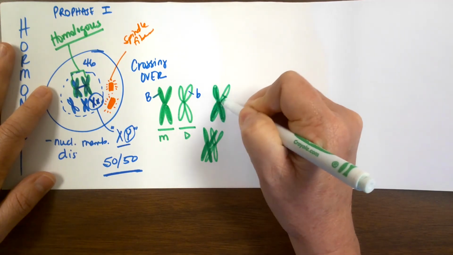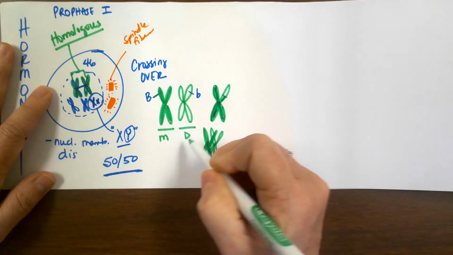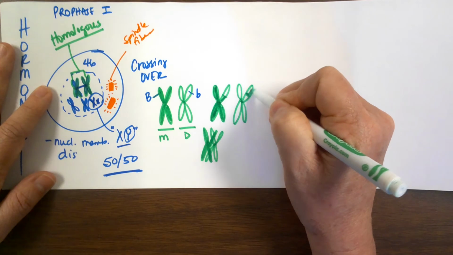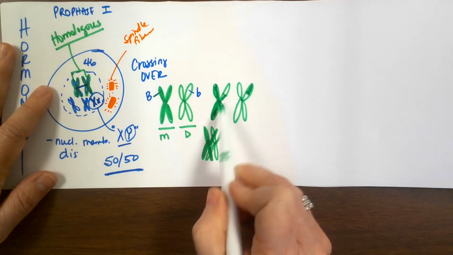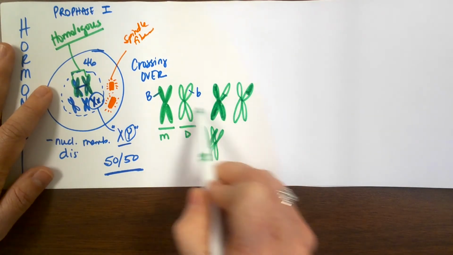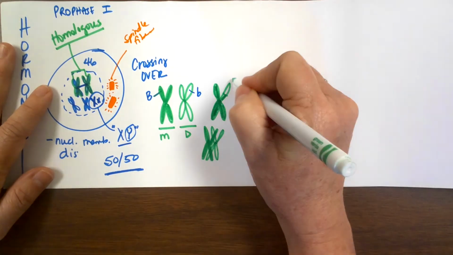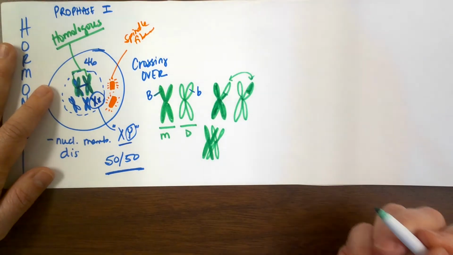The fully dark green chromosome that this person got from their mom now has a little piece of DNA from their dad, and the uncolored chromosome that they got from their dad has a bit of mixing and matching too. These pieces just swapped places.